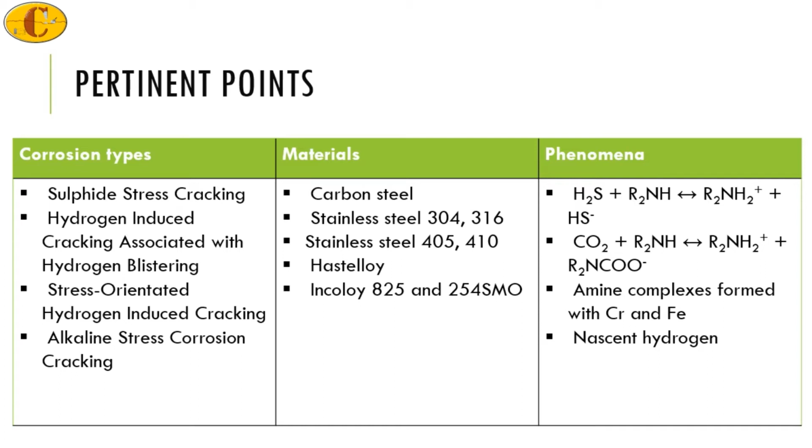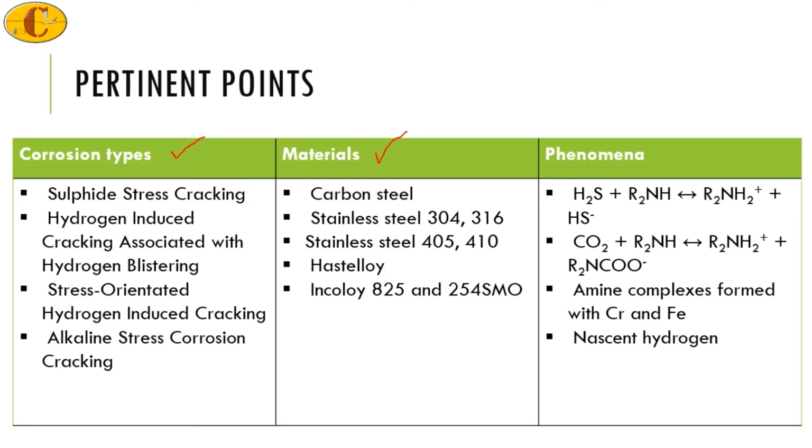Now, usually we have certain corrosion types which are seen in amine services over the number of years. Now that we know that such kinds of corrosion types are going to occur in these services, we try to use the materials recommended in the standards, or which are usually used in the industry.